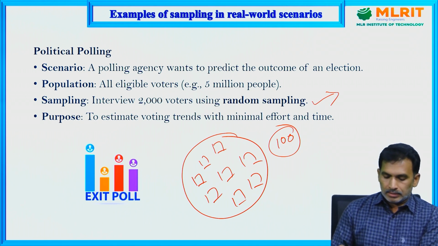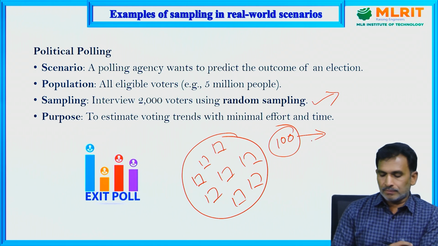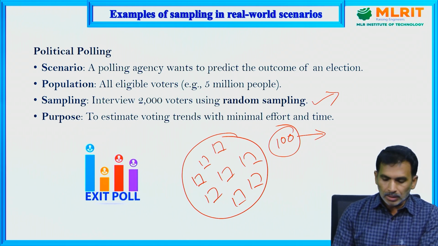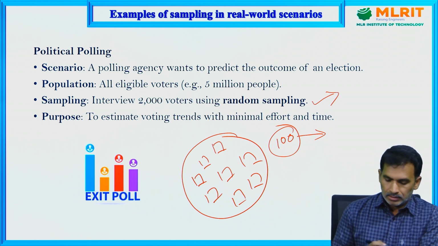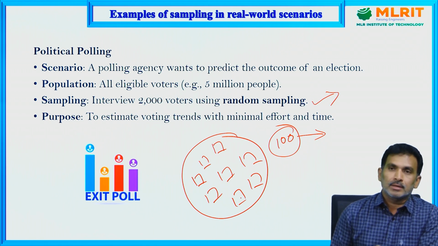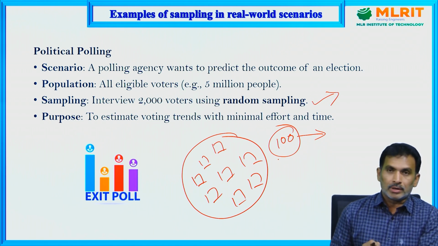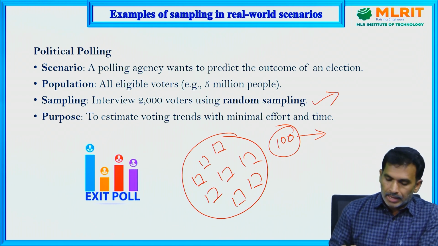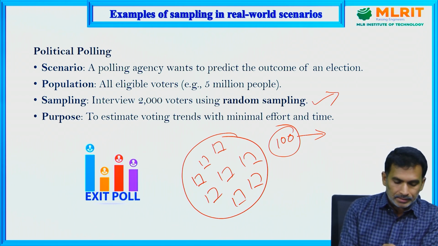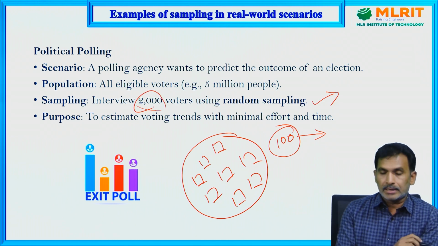If we collect information from these representatives, we could predict the outcome of the election. Because this sample is selected from the entire population and is a more appropriate sample, the accuracy of the prediction would be higher than simply interviewing 2000 voters randomly.